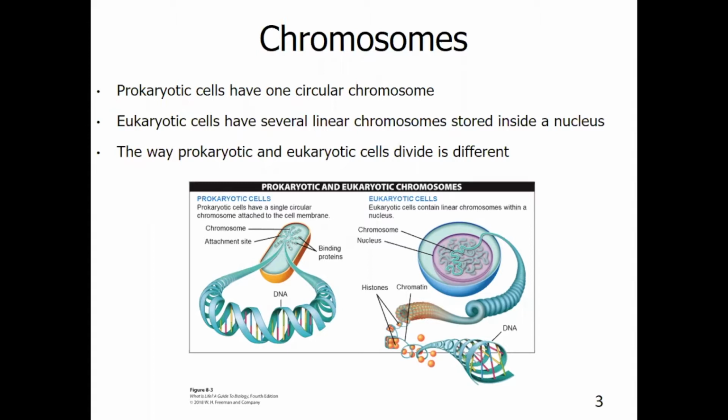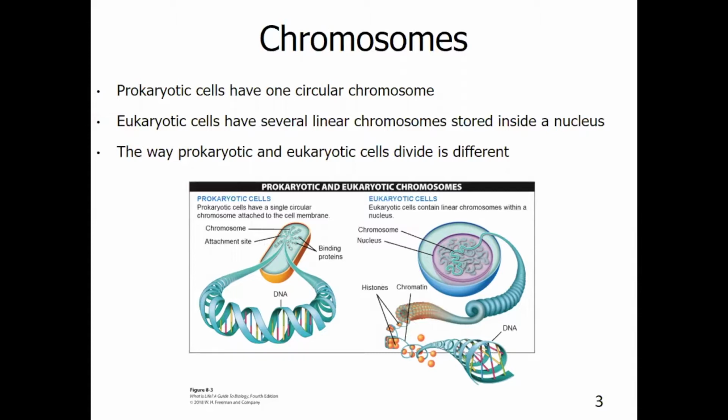Prokaryotic cells, which you remember are the smaller, simpler cells like bacteria, have one circular chromosome, as you can see here in figure 8.3. Eukaryotic cells, which include animal and plant cells, have linear chromosomes. They usually have several linear chromosomes, and those chromosomes are stored within a nucleus.